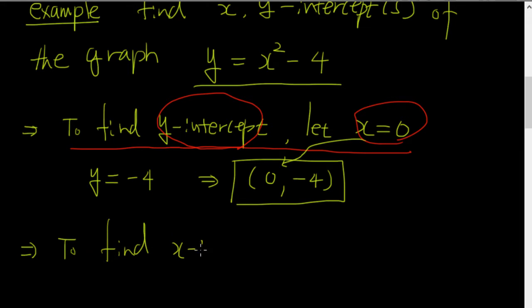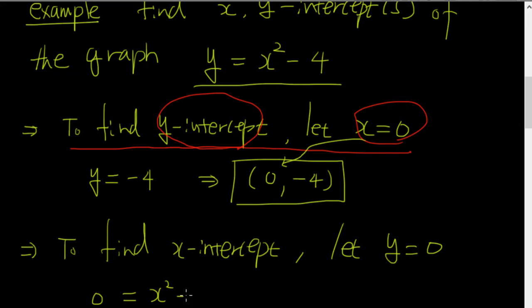And in the same way, to find the x-intercept, let y equal 0 this time. If we let y equal 0, the given equation becomes 0 equals x squared minus 4. Now I can rewrite this because 4 is 2 squared.